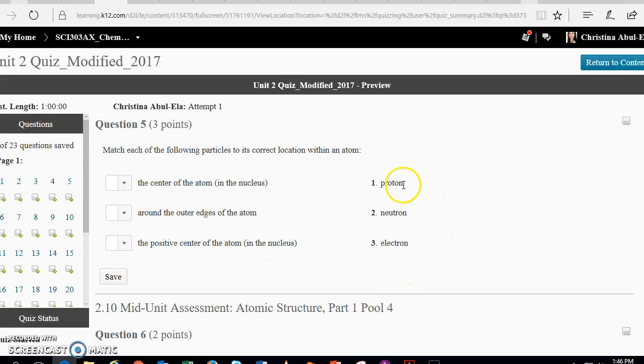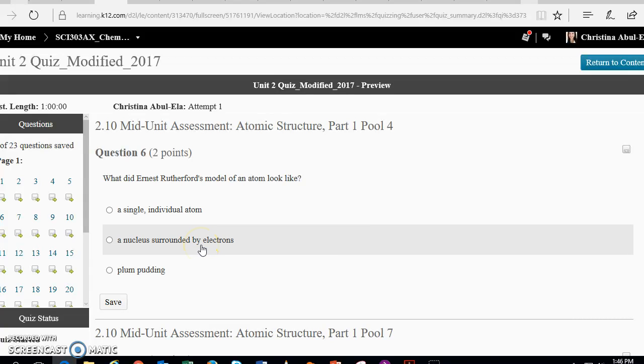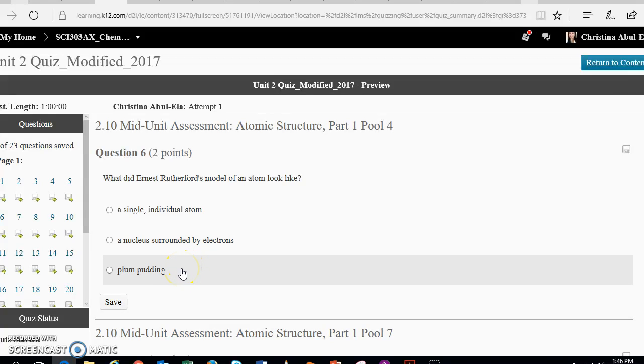We are looking at proton, neutron, and electron. Question 6. What did Ernest Rutherford's model of an atom look like? A single individual atom, a nucleus surrounded by electrons, a plum pudding model.